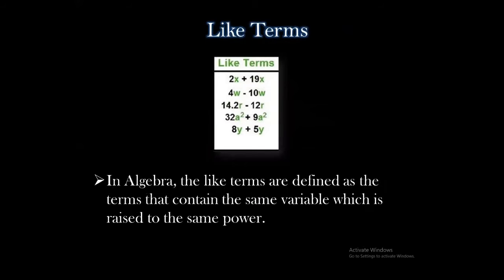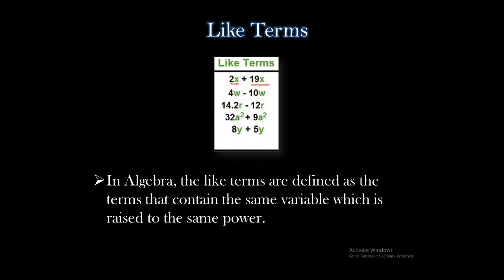Like terms. In algebra, like terms are defined as the terms that contain the same variable raised to the same power. So here you can see we have 2x plus 19x.